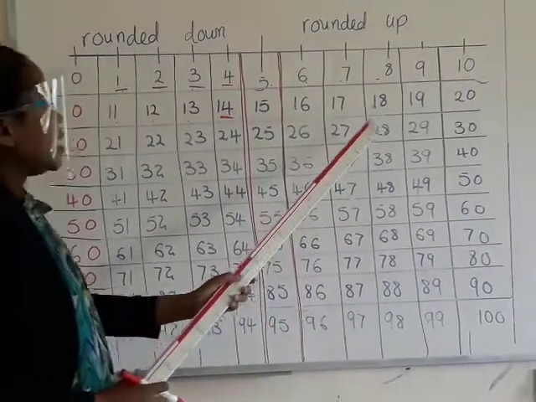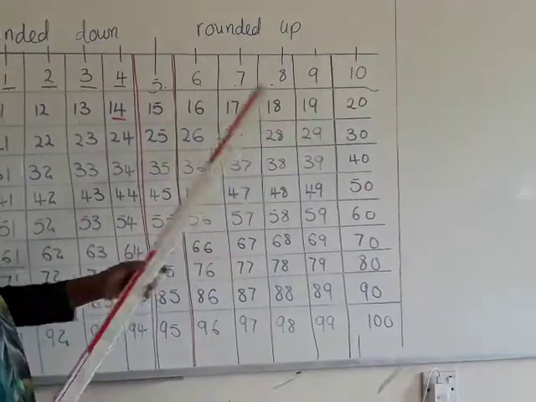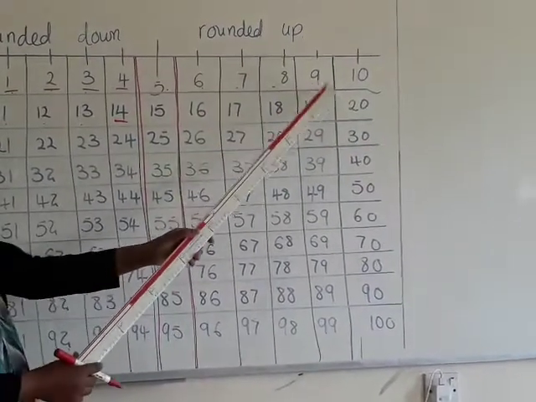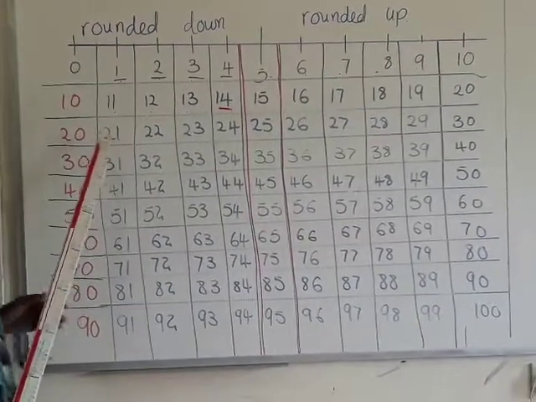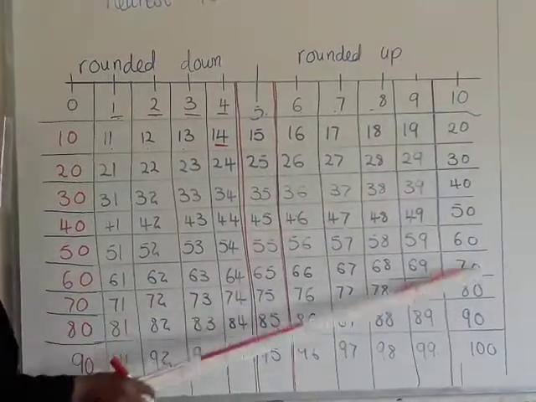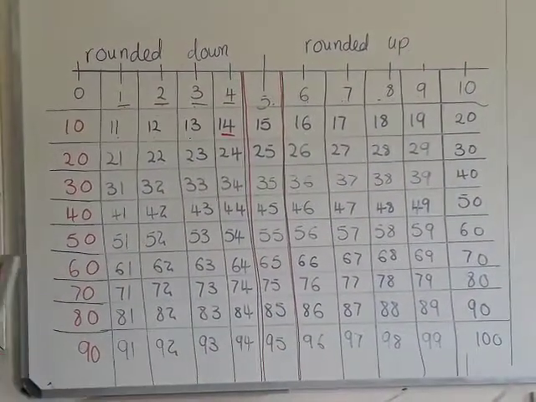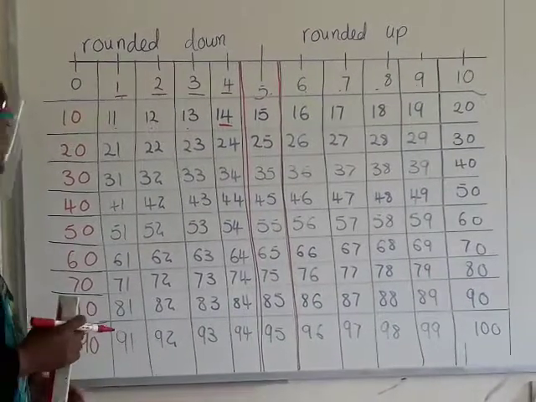What about 18? 18 is nearest to 20. Remember the clue that I gave you at first. Now, you are going to have these tens, this side and this side, to help you check which one is rounded to what number in tens.